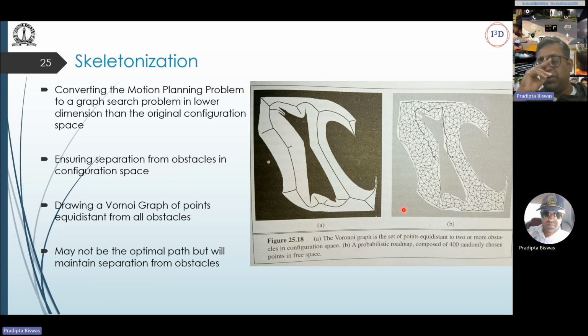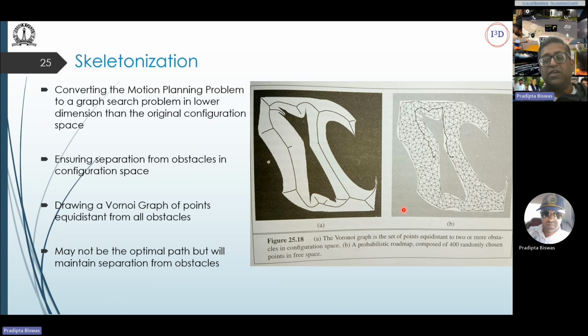Cobot stands for collaborative robot. So here we define a set of points which are equidistant or nearly equidistant from all obstacles, and we define a graph through these points, and then we have to solve a search problem within this set of points.